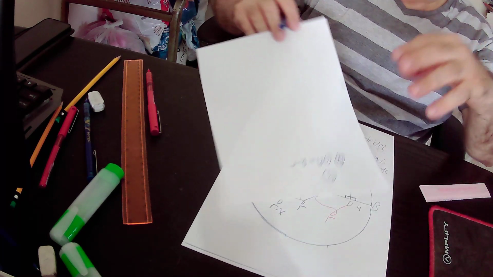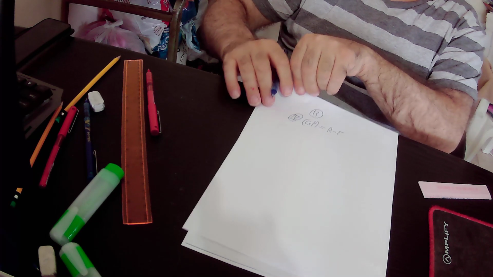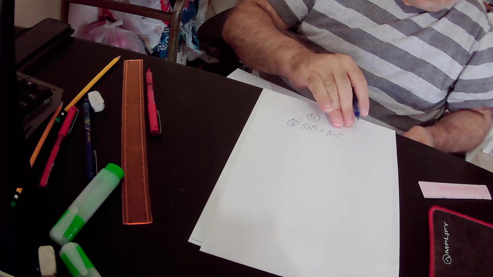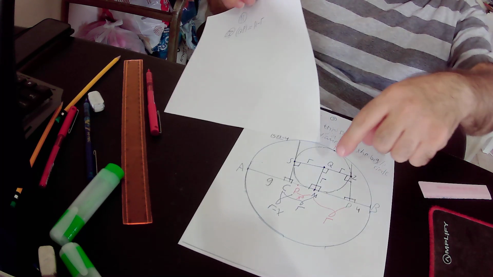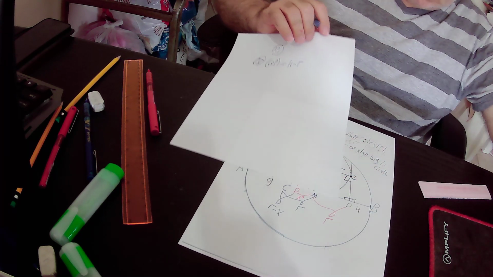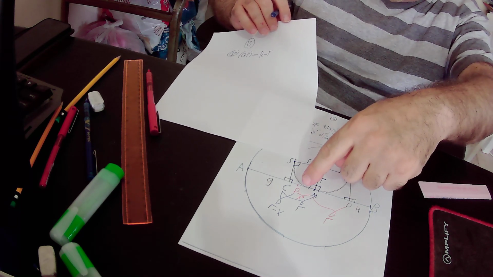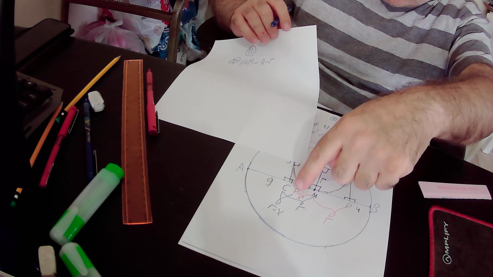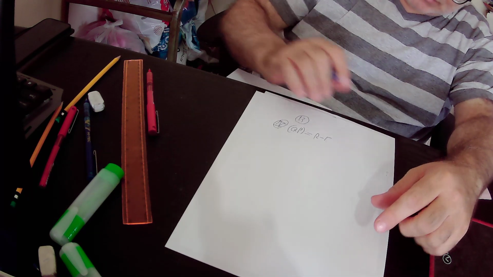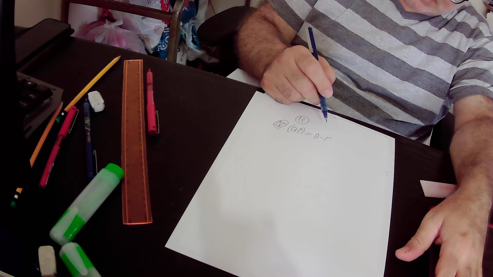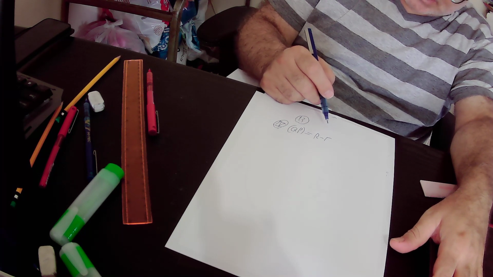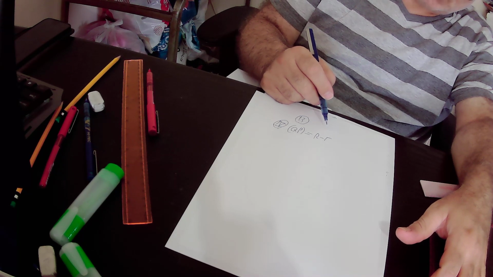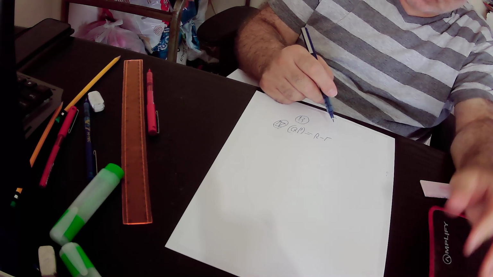So QP, the distance between the centers of these two circles, is equal to the big radius minus the small radius.